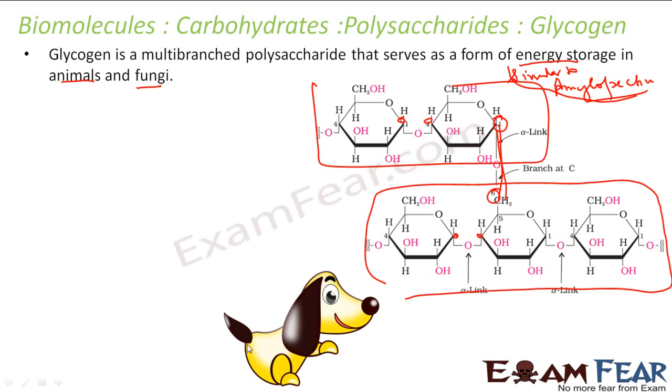Carbohydrates in animals are stored as glycogen. It is the secondary storage; the primary storage is generally fat.